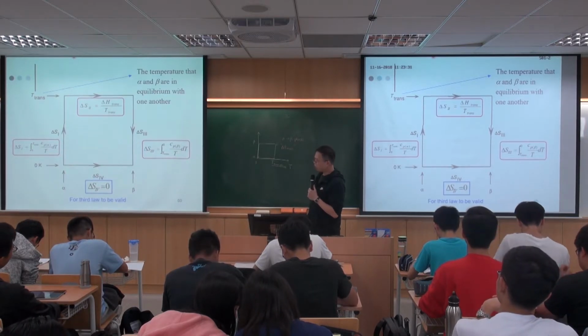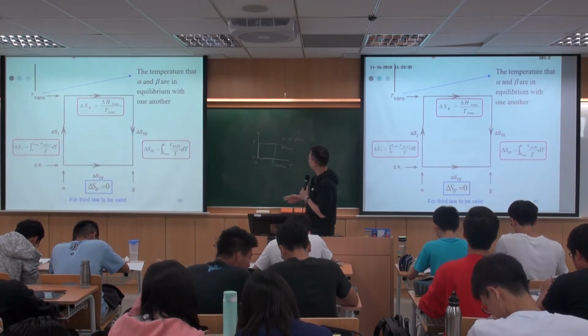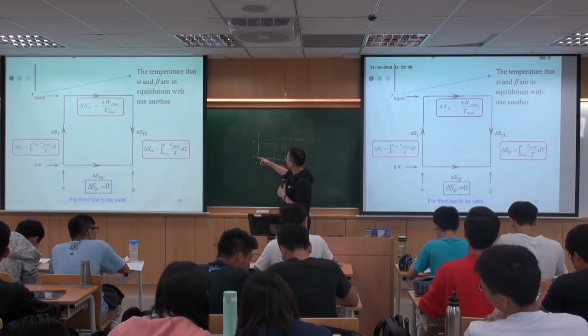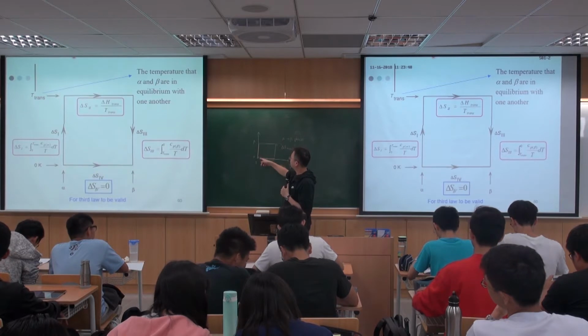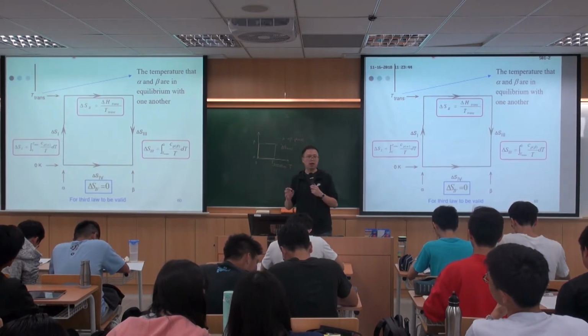And if we want to calculate the change of entropy at 0 Kelvin, in fact, we hope that from beta to alpha phase or from alpha to beta phase, the delta S should be 0.